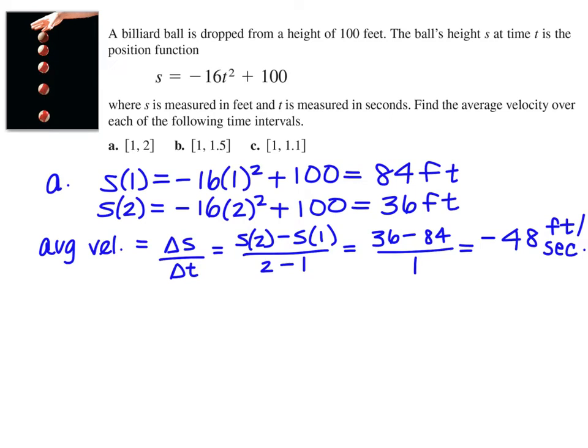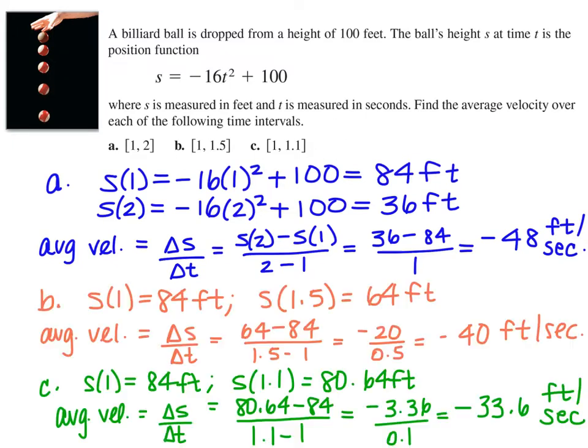The first thing I do is plug in 1 for t and 2 for t and find those heights, and then I plug them into my average velocity formula, change in s over change in t. I'm going to do 2 minus 1 in each scenario, and I'm going to get negative 48 feet per second.